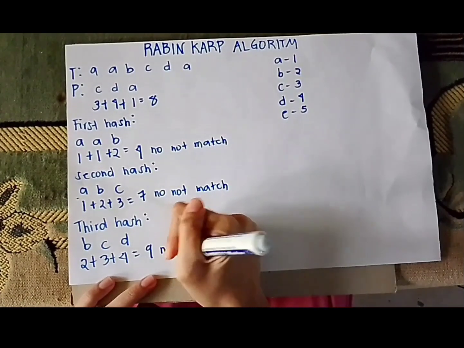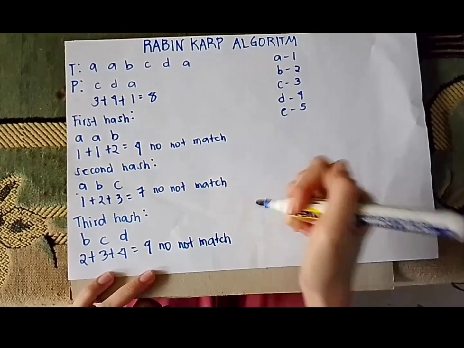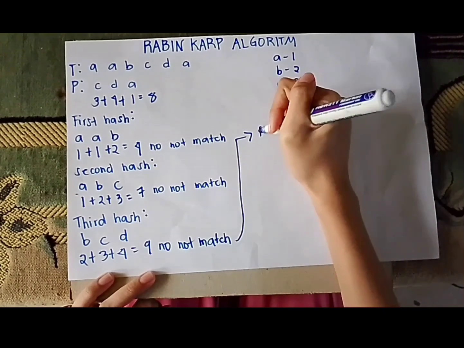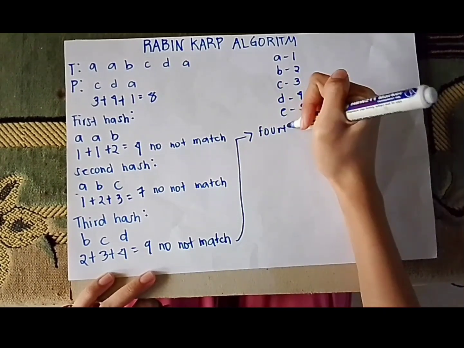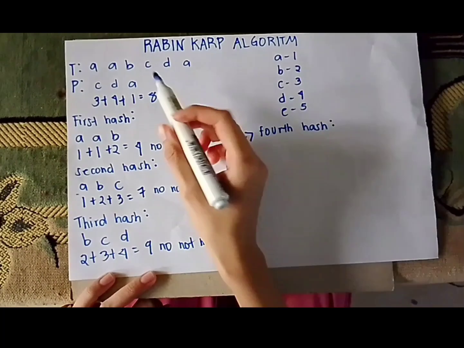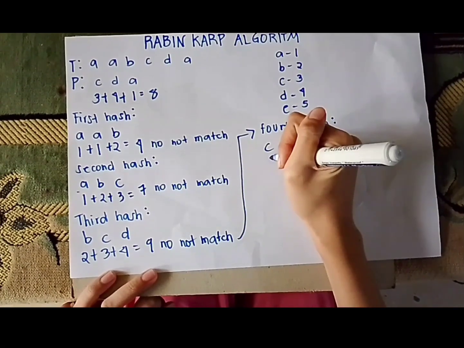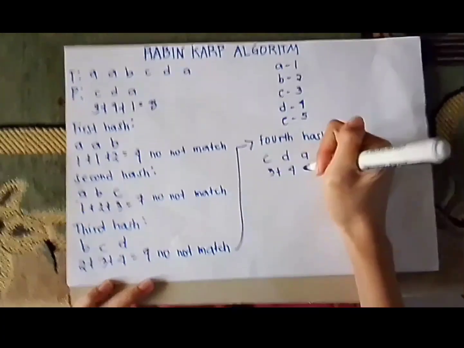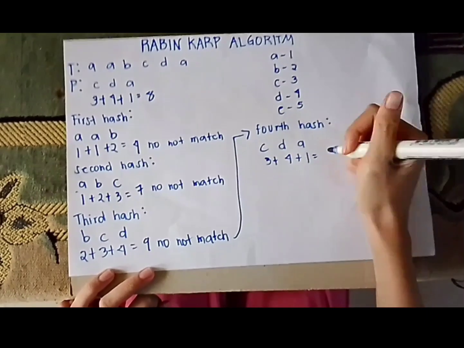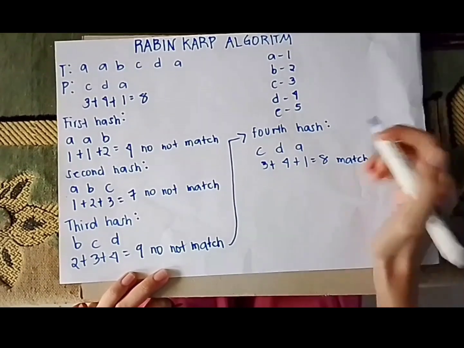Not a match, so we go to our fourth hash: C, D, and A. Let's put the numeric values and calculate again. The result is 8. Now let's compare, and it matches.